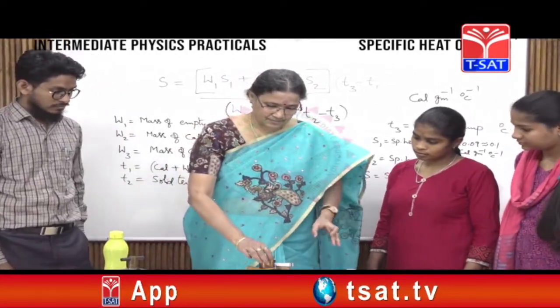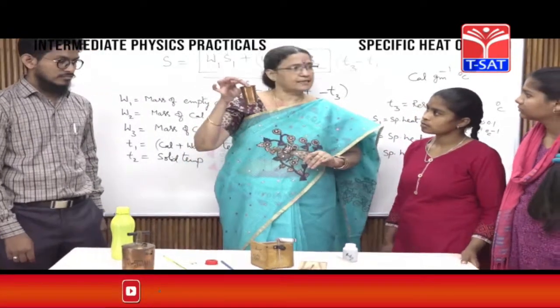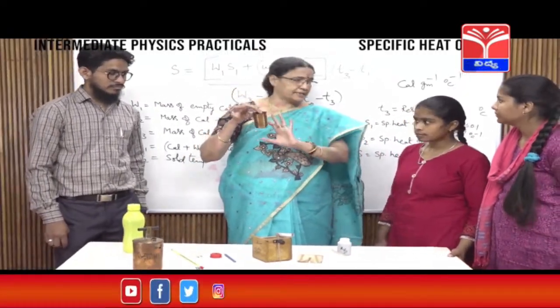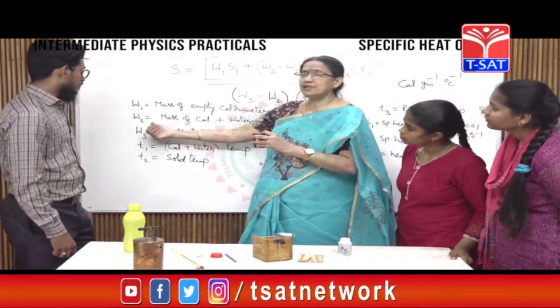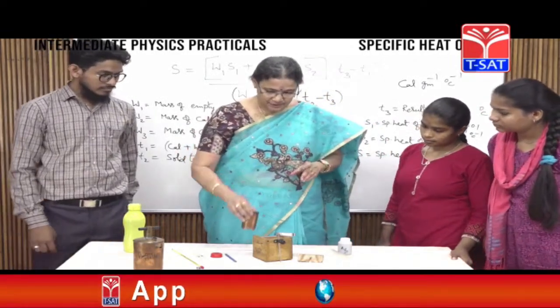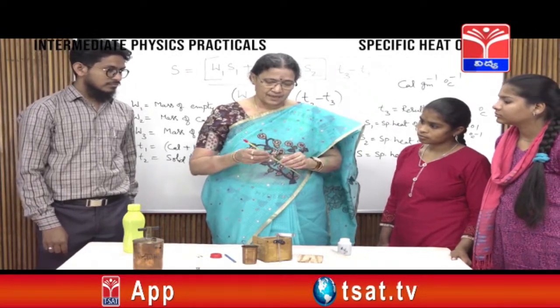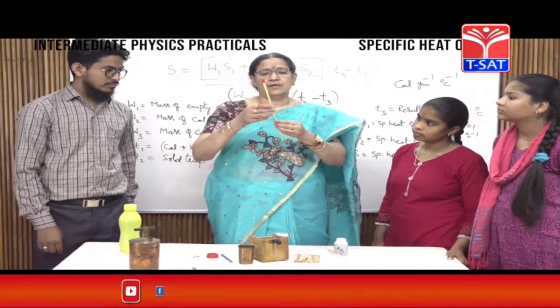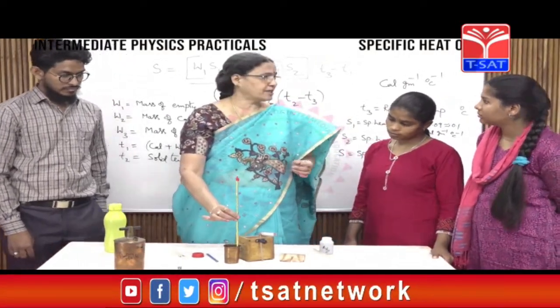Again with the help of a rough balance, you take its mass, whose value is W2. So after taking W1 and W2, you take a thermometer and note down the initial temperature of the calorimeter and water.